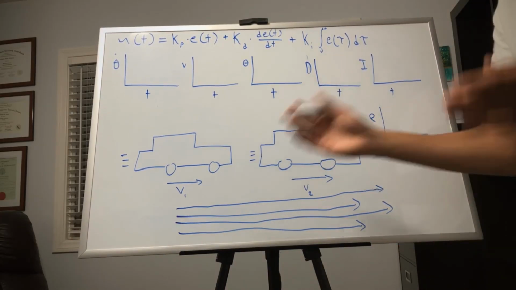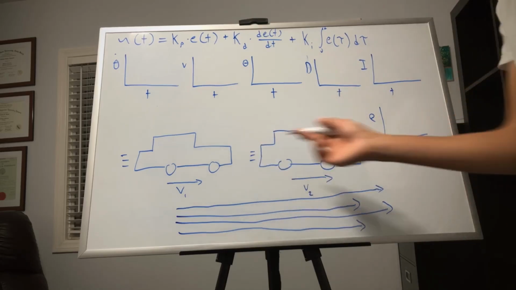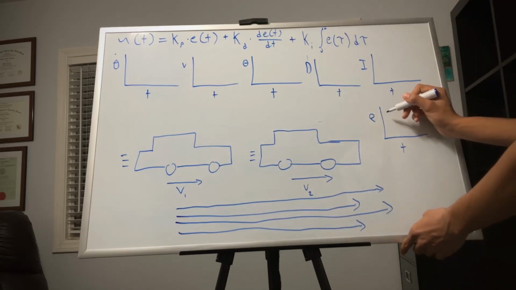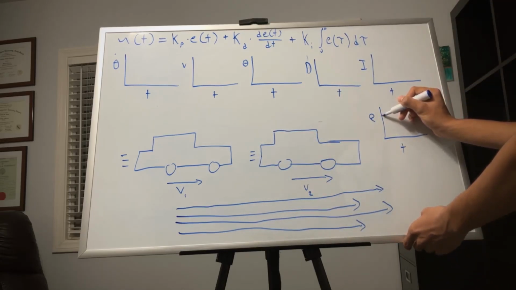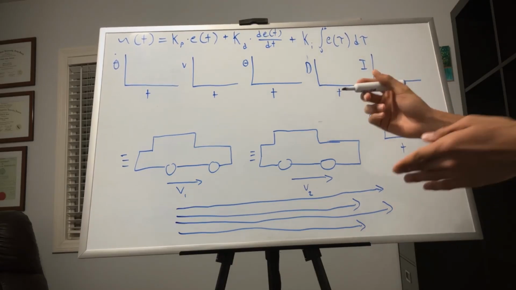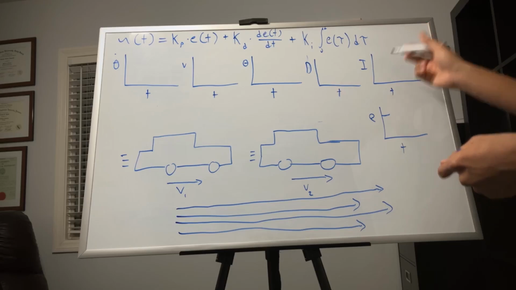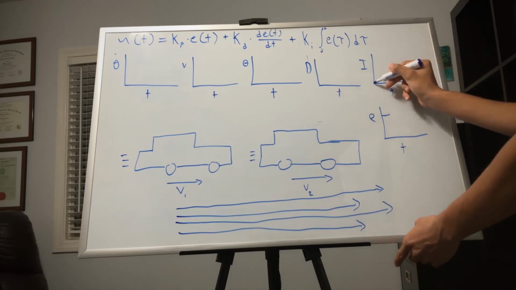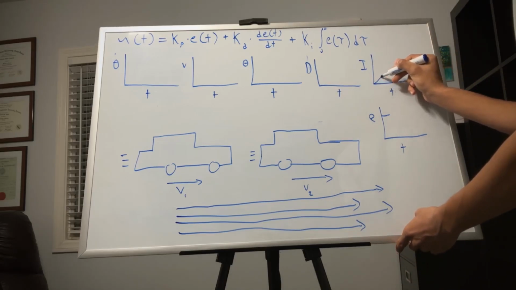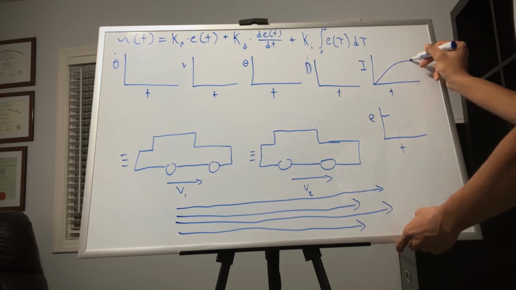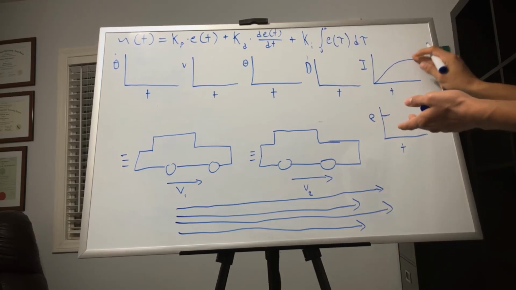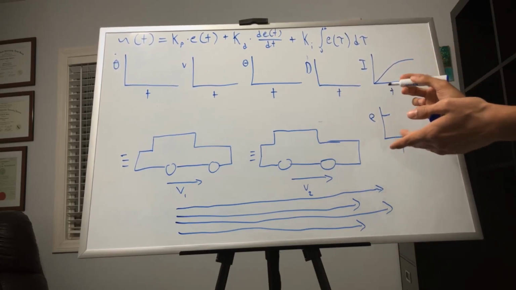So when we're trailing behind this second car right here, our error is going to be sort of constant, before we apply this controller. When we add this integral term, it's going to accumulate a bunch of error until it reaches a constant value.